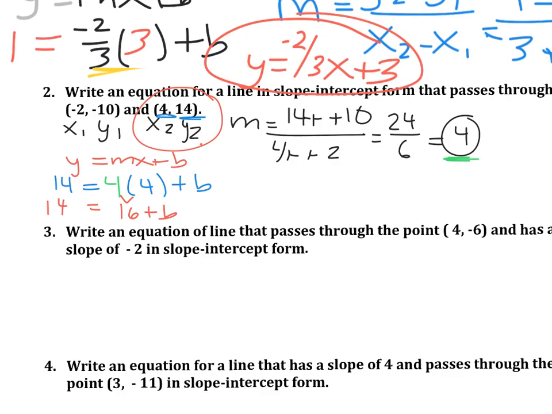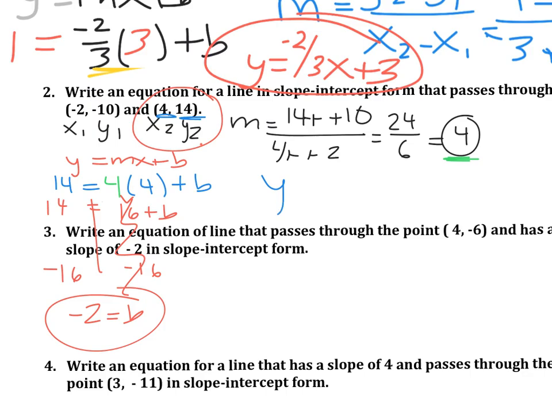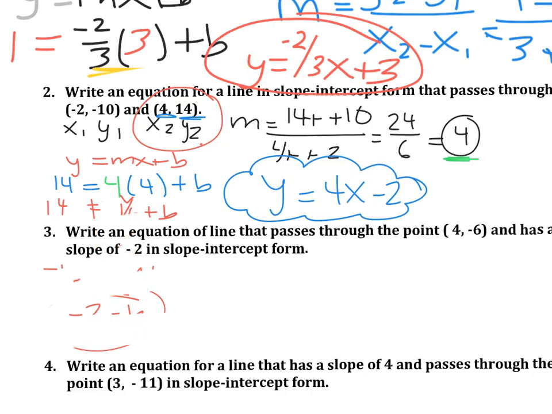I keep everything else. It's a +16. So I minus 16 from both sides. 14 minus 16 is -2. So my final answer is y = 4x - 2. I'm going to erase this other stuff so you don't get confused.